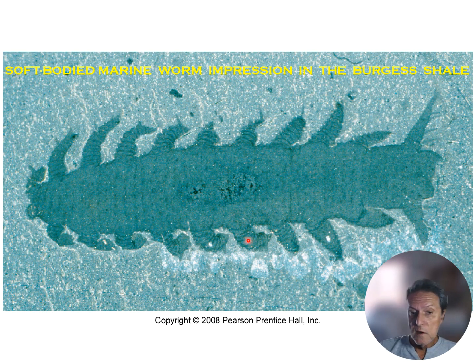This is a very interesting fossil. Remember when I said that organisms with soft tissues don't get fossilized as easily or as readily as animals with hard parts? So this is a soft-bodied marine worm impression, again, what's left of the organic carbon, in the Burgess Shale. The Burgess Shale is extremely famous. It's up in Canada.